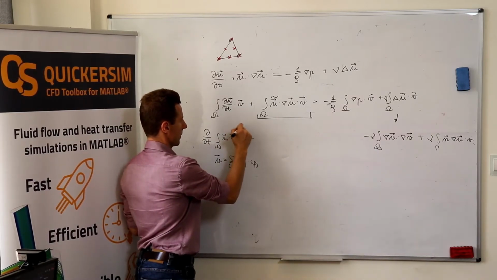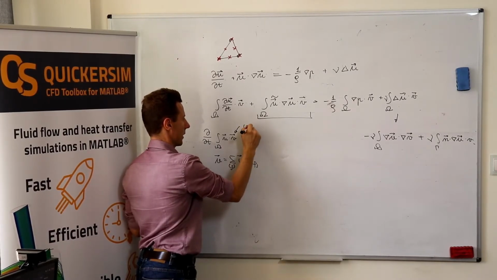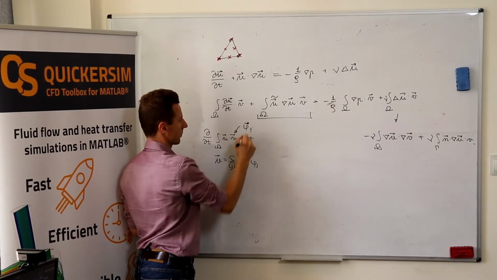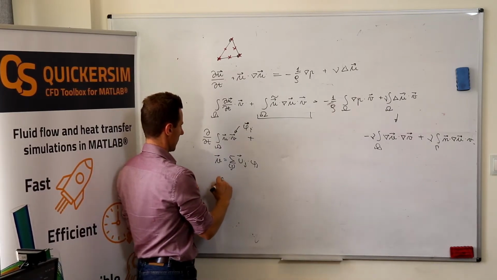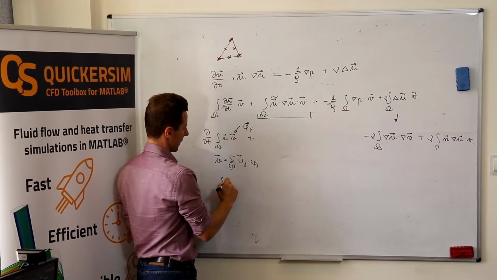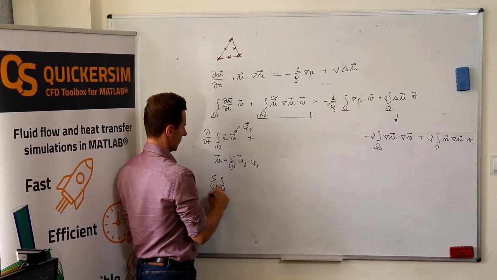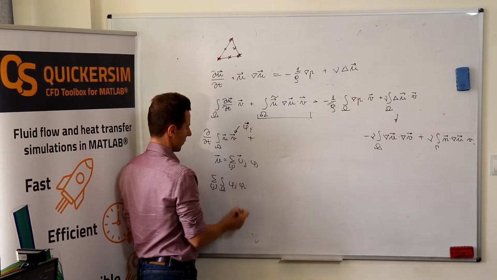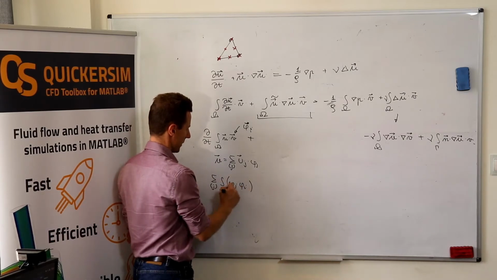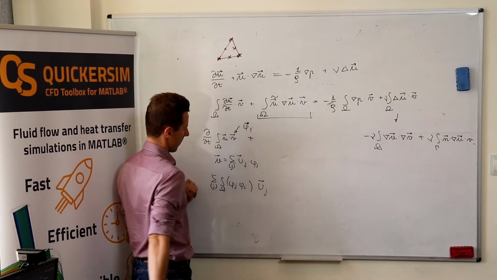And this one is phi I. So this one will generate phi j, phi I, which needs to be integrated, then uj.